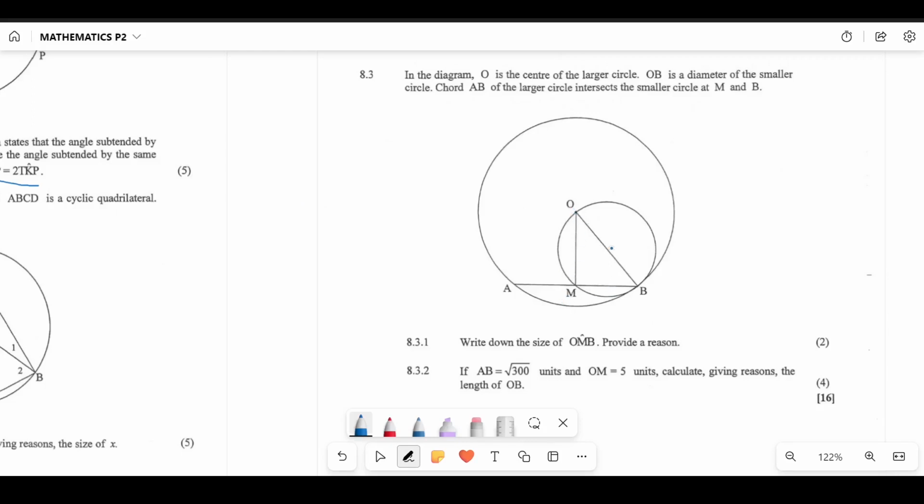So you can see OB is the diameter here. So M is angle subtended by the diameter. So angle OMB is equal to 90 degrees. Reason is angle in a semicircle.